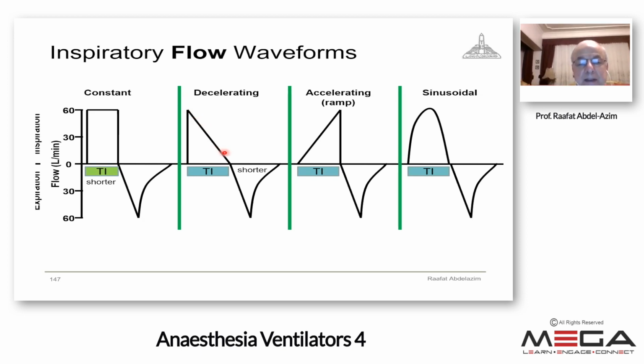At a certain time, when reaching a certain value, it will cycle to expiration, and the expiration starts. So we are interested now in constant flow and decelerating flow. This is for volume control ventilation, and this one for pressure control ventilation. Each form of flow has its own advantages and disadvantages.